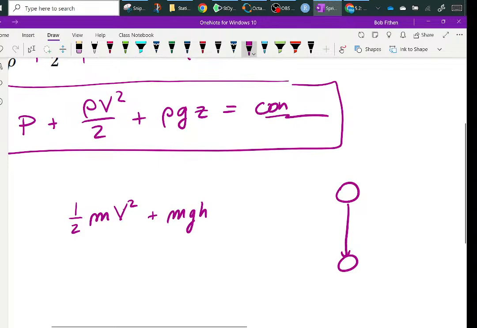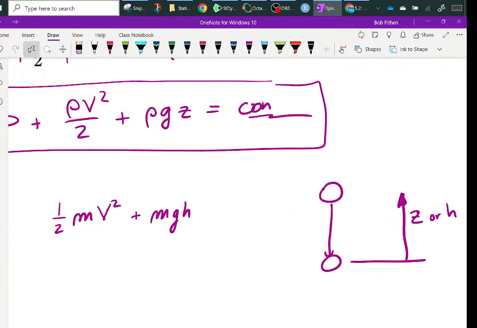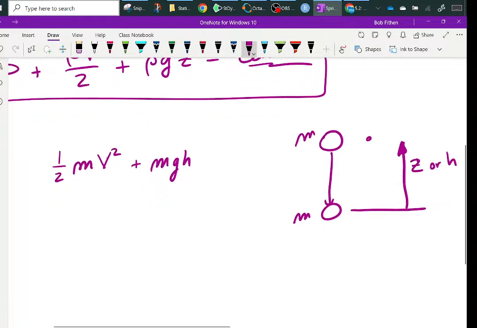Let's say you set your datum up right here. You call this Z or H, depending on which one you'd like. And then you have a ball that's a mass M, and then it goes down to here. And say it was released from rest.